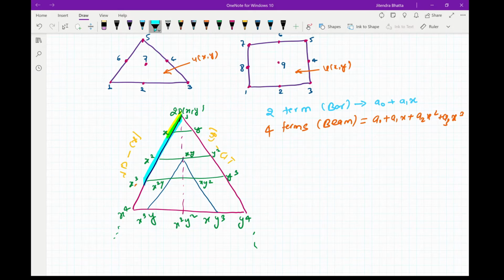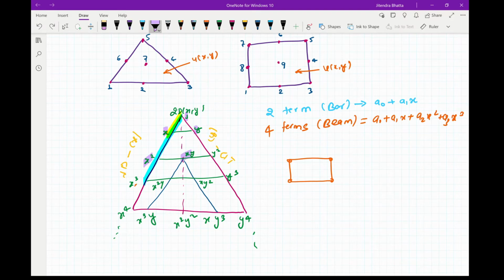Now for a 2D element, if we say that we are looking at a rectangular element which has 4 nodes, then we are looking for 4 terms. Now here, up to here, it's 1, x and y, that's 3 terms.